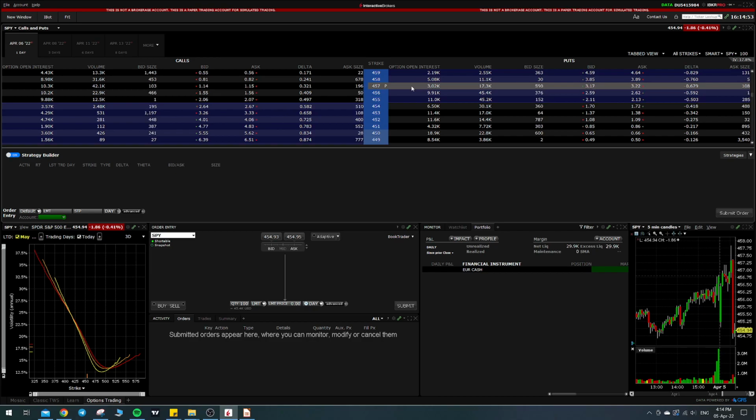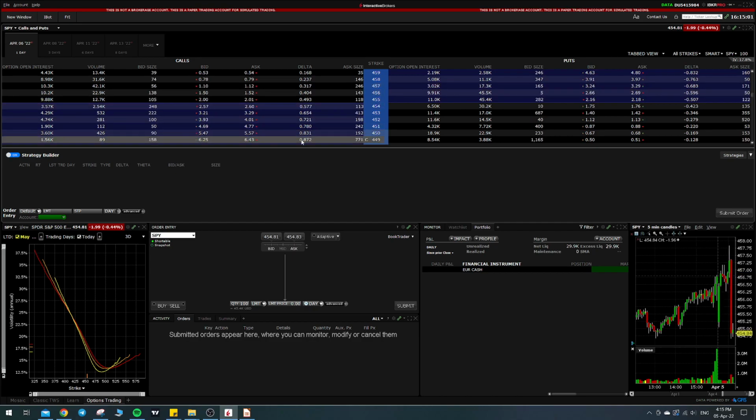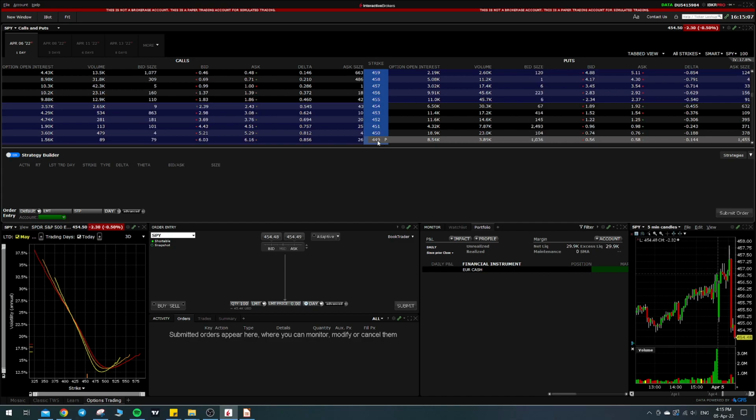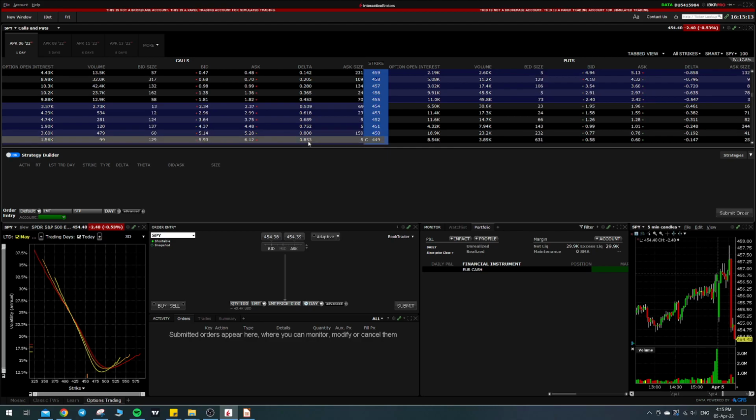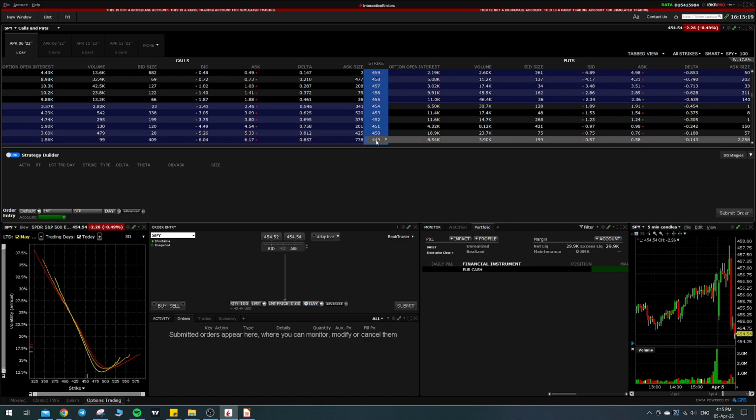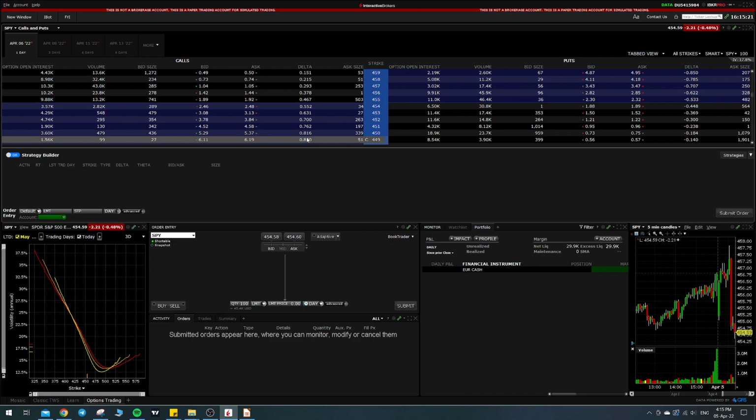Now as well, for the calls and for the short, it's going to be different than for the buyer. For example, you have an 87% chance that the price is going to be above 449 as a call buyer, but you have one minus this, which is a 15% chance that the price is going to be below 449, which you would want if you were the seller of a call option.